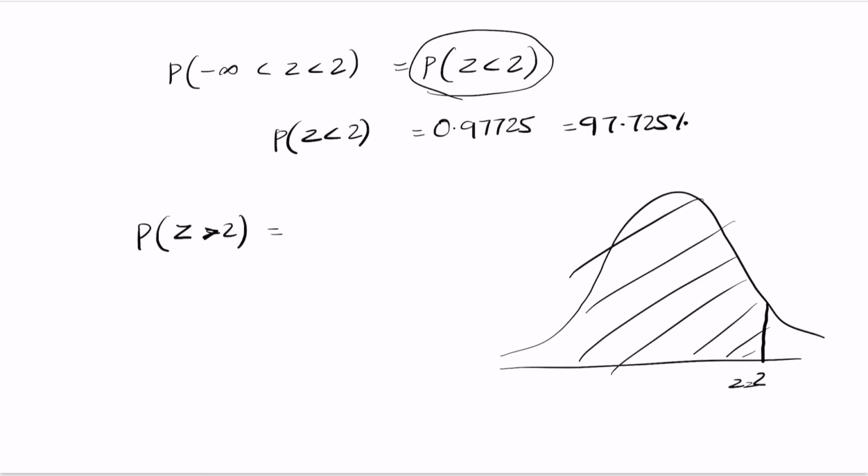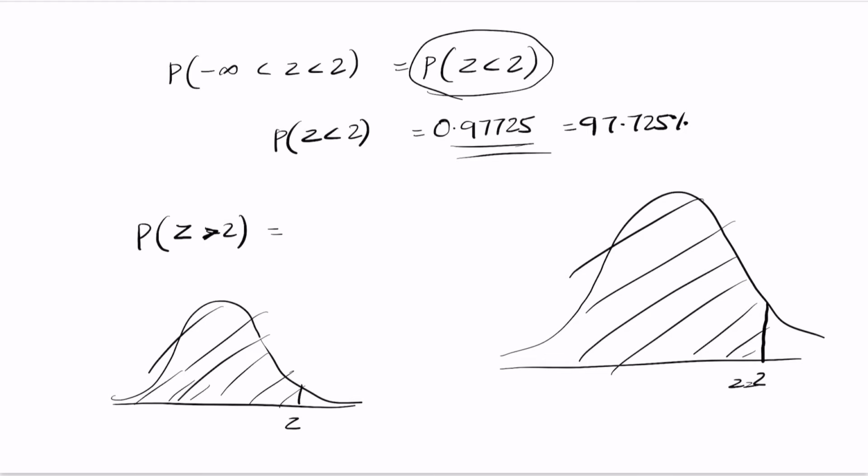The table basically considers that if you take any z value, the value that you are finding is this entire area. Now if I want to find z greater than 2, then you are finding this part here. How would you find that? You would write it as 1 minus p of z less than 2.